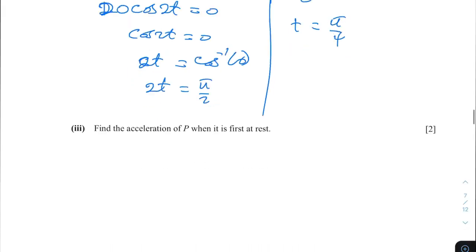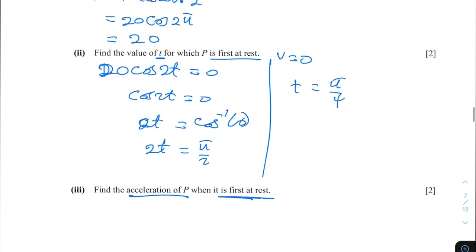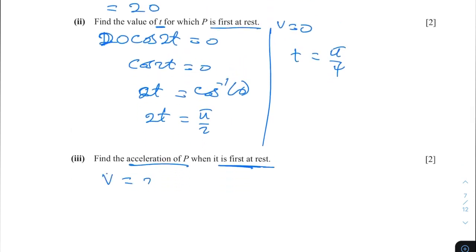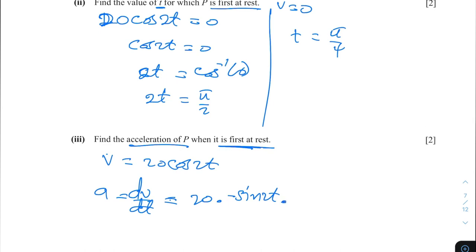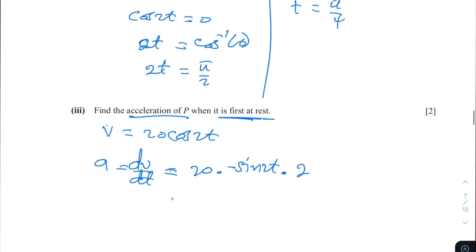Then we are also told that we should find the acceleration of the particle when it is at first rest. So you know that the velocity is 20 cos 2t. Differentiate it, so acceleration is dv/dt, giving you 20 times, when you differentiate cos, negative sine 2t, and then differentiating 2t, you get 2. So you are looking at negative 40 sine 2t.